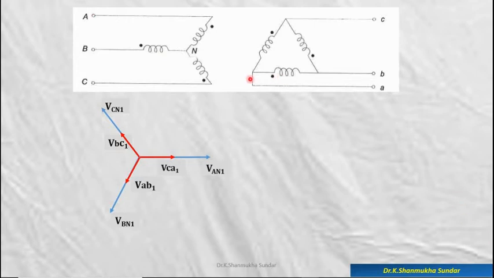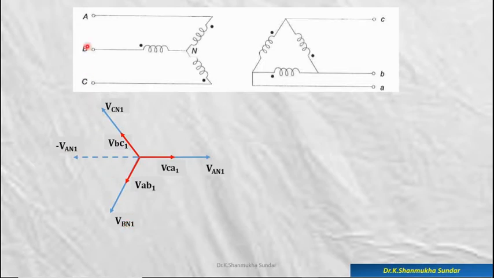Now let us see here. So what is this one? VBN minus VAN. Where is VBN? VBN1 vector is here. Minus VAN. Positive VAN1 is available here. Minus VAN1 we should get. So construct the vector in antiphase with plus VAN1. This vector in opposition to plus VAN1 is called minus VAN1.